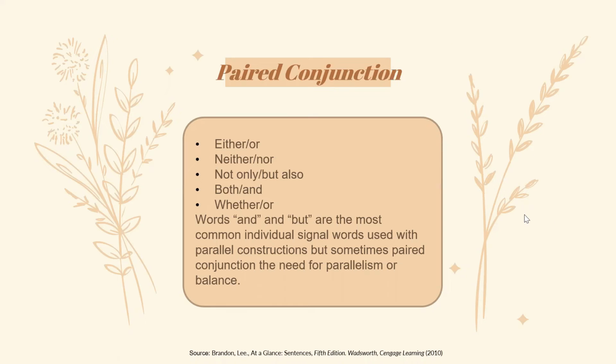After we talk about the coordinating conjunction, there is also a term called paired conjunction. There are several paired conjunctions that we can use in parallelism, which are either...or, neither...nor, not only...but also, both...and, whether...or. The words "and" and "but" are the most common individual signal words used with parallel construction, but sometimes we also need a paired conjunction for the parallelism or to balance the sentence.